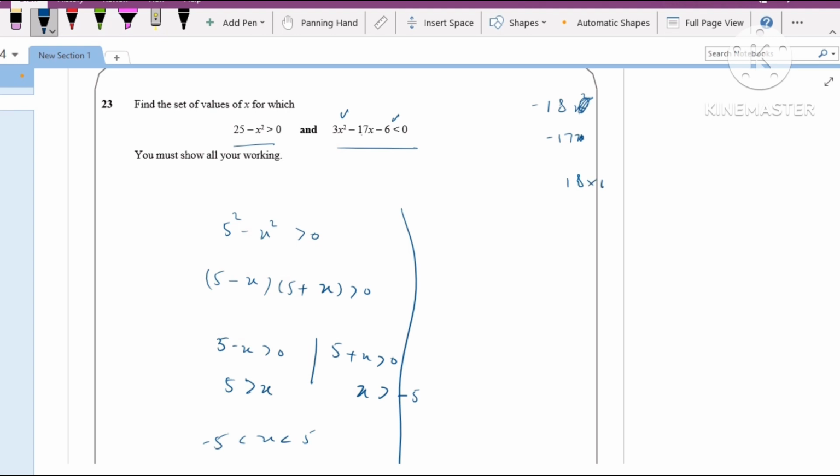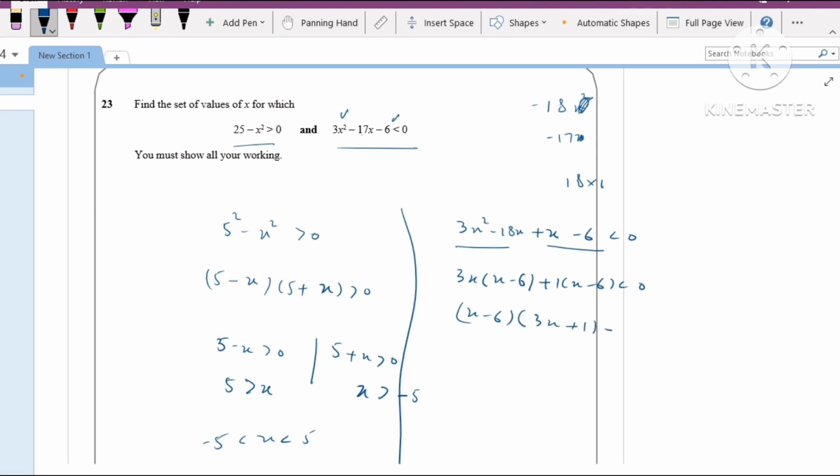So 3x square minus 18x plus 1x minus 6 less than 0. Make pairs. In this pair 3 and x are common, so x minus 6. Here plus 1 is common, x minus 6 less than 0. Here x minus 6 will be common, and 3x plus 1 will be inside the bracket.